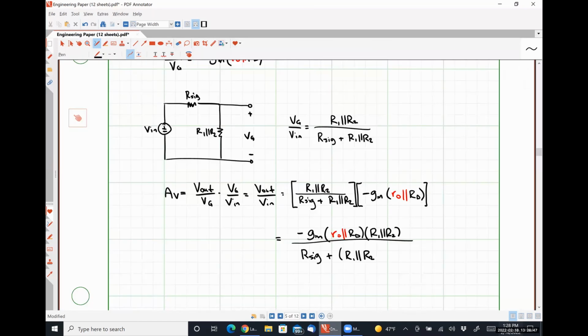What the heck just happened? If our source degeneration capacitor weren't here, what would we replace our V out over VG relationship with?